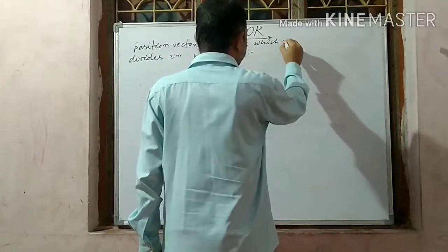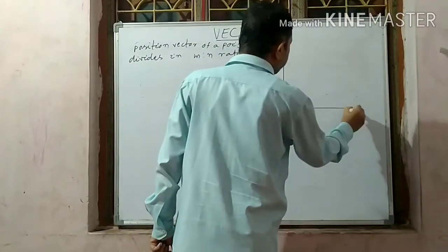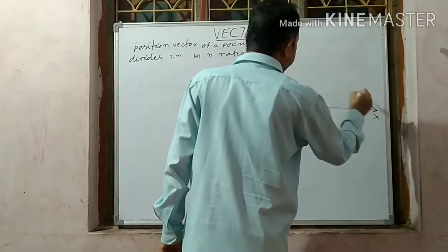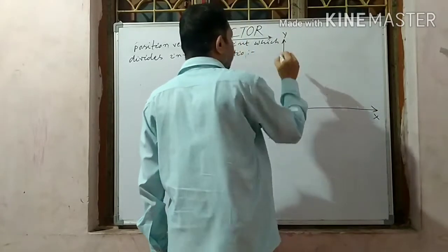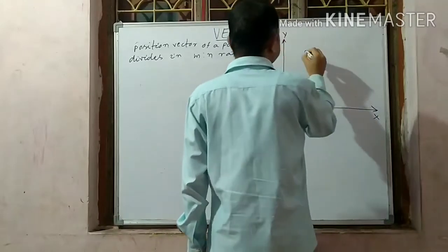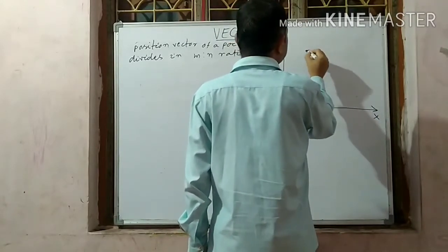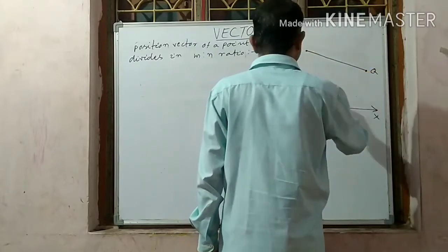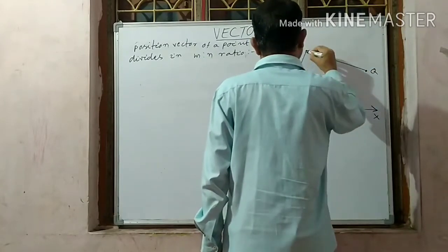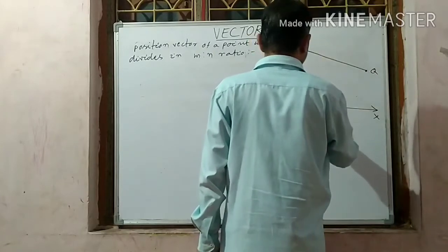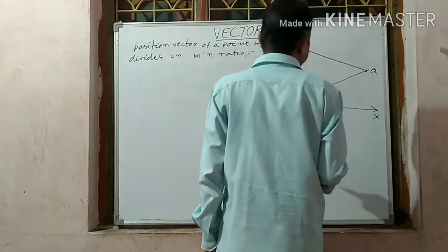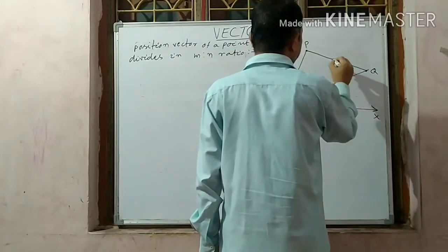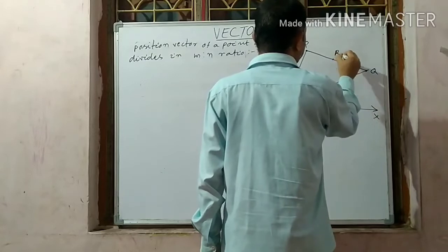Suppose here we have origin O, x-axis and y-axis. This is a point P. This is another point Q. Position vector of P and Q. Point R is here.